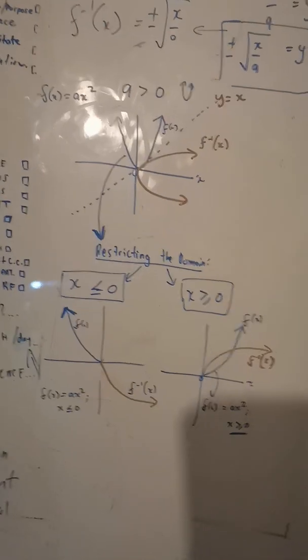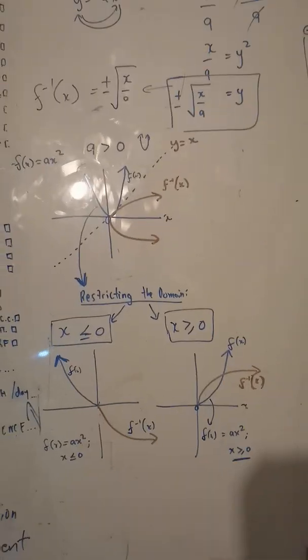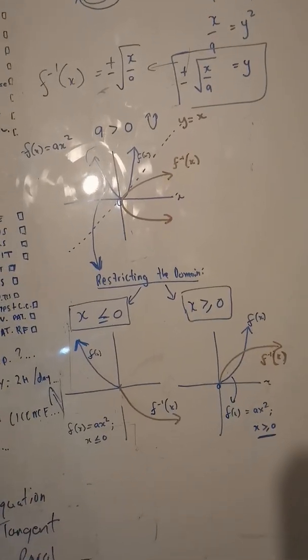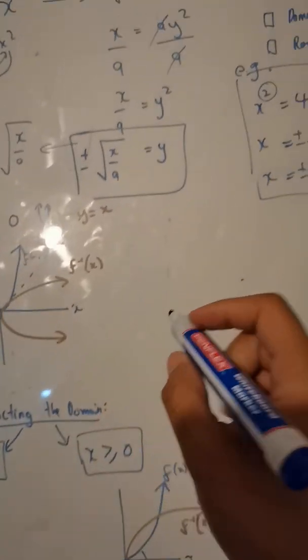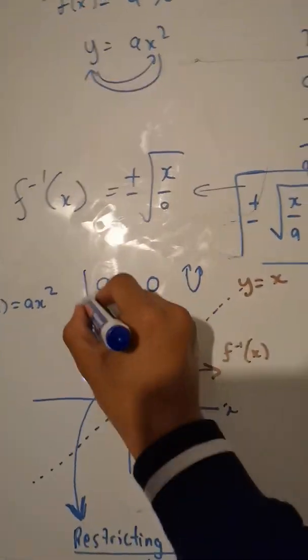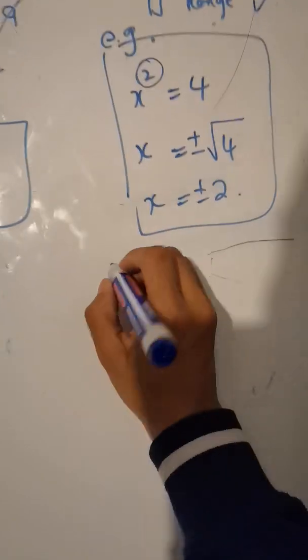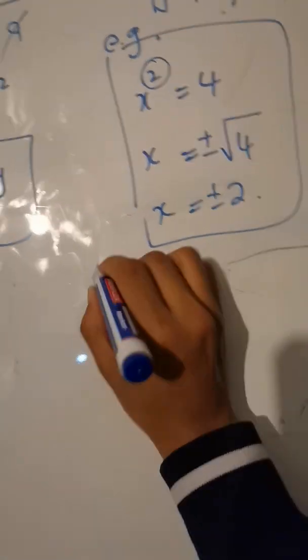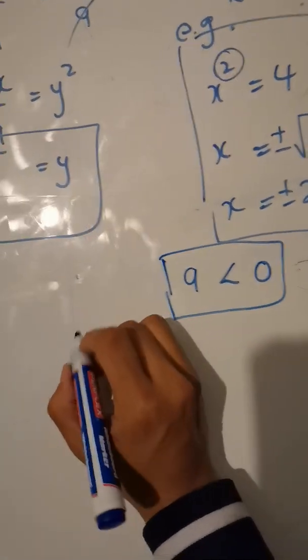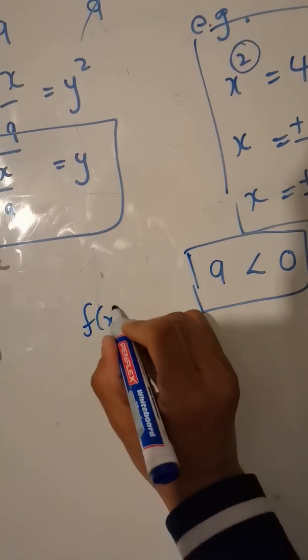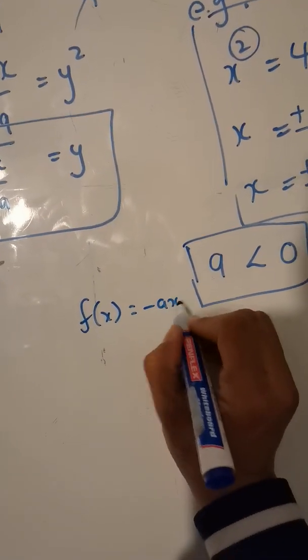Okay? And then another thing to understand is that we're done now with a is more than 0. So we're going to use the same example, but just going to make a less than 0, where f of x is equal to minus ax squared.